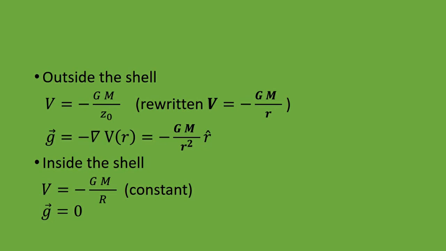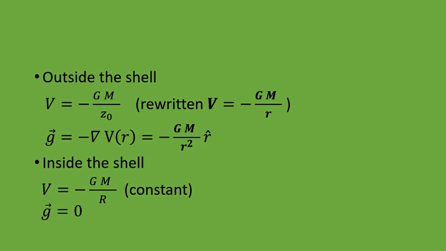So now we reached a very important conclusion, saying that if you have a spherical shell of uniform mass density and you are outside the shell, then the gravitational potential is exactly as if the shell was just a point mass located at the origin.